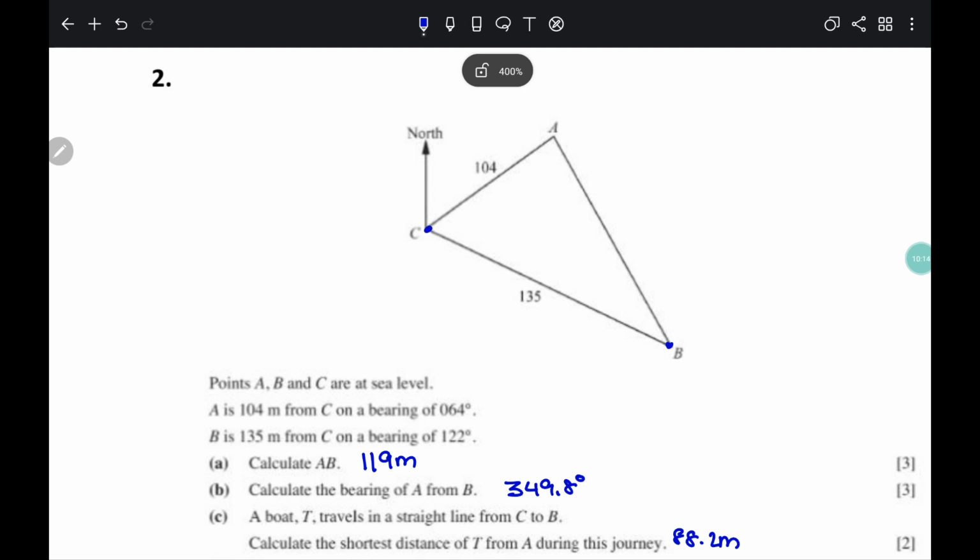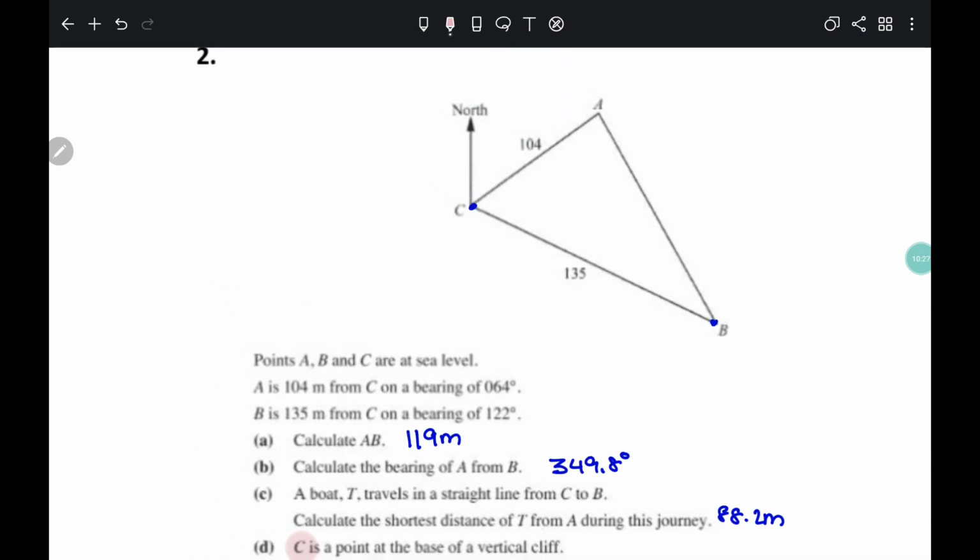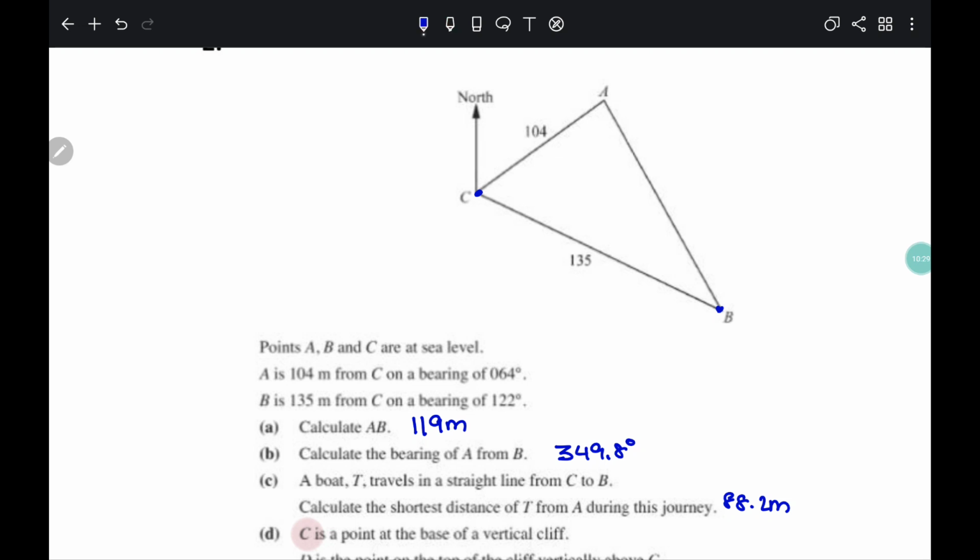Notice that on the ground, part D is identifying 2 points, C and B. So I will redraw C and B to be ground level, and the length is 135 meters.